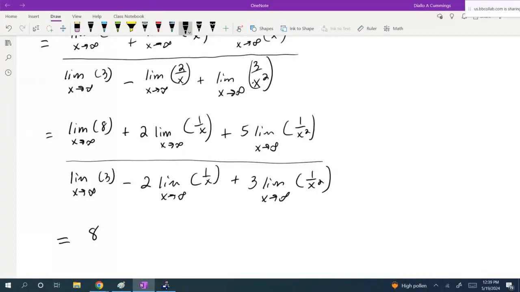The second term, the limit of 1 over x is 0 from my facts, plus 5 times the limit as x approaches infinity for 1 over x squared. Now 1 over x to any power is 0. So as x gets bigger and bigger, the limit of this function is still 0.